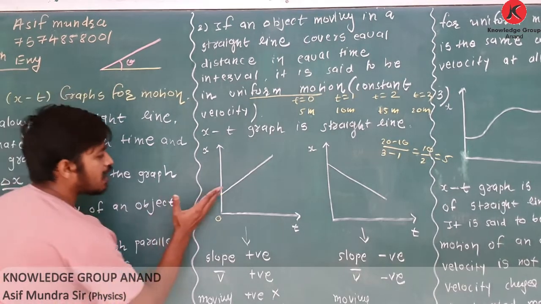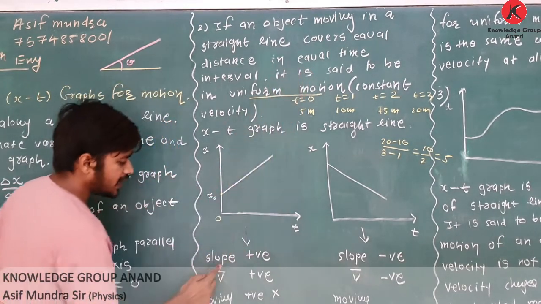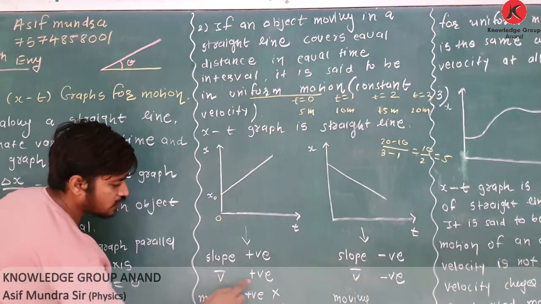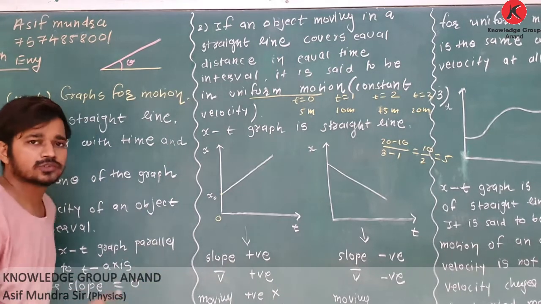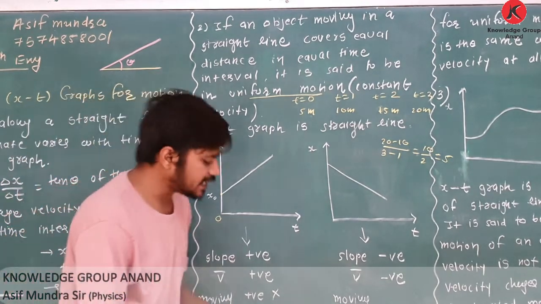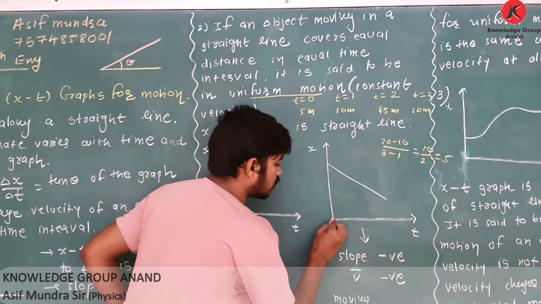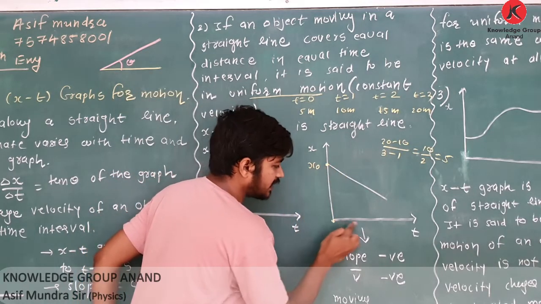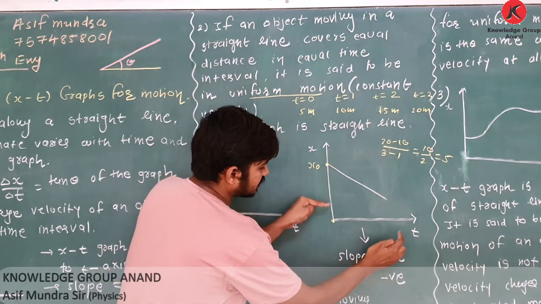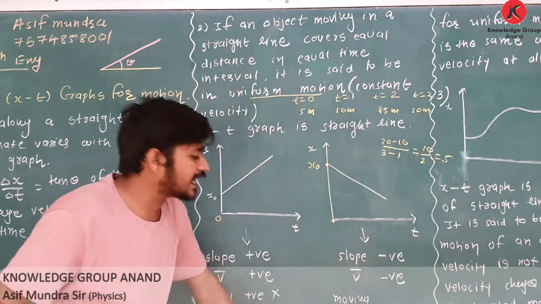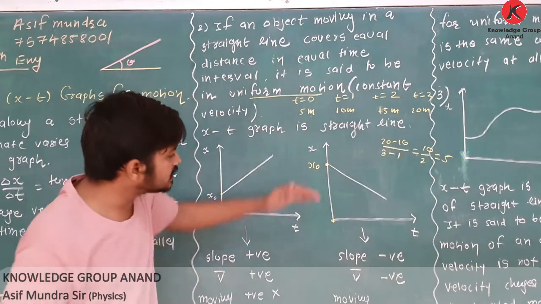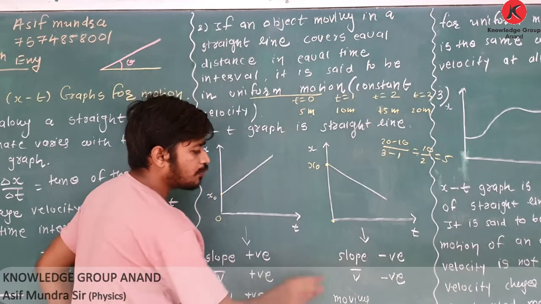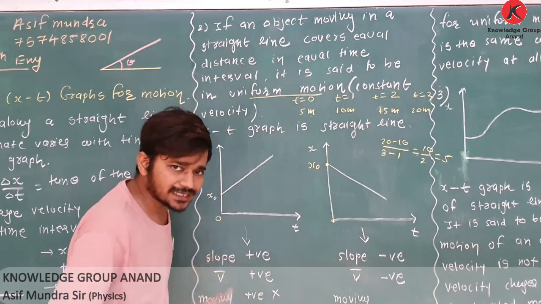As this graph is in upward direction, its slope is positive. Slope is positive means its average velocity is also positive. For the second graph, at time t = 0, its position is x0. As time increases, its position decreases. It means it is moving in negative x direction, and as this graph is going downward, its slope is negative.